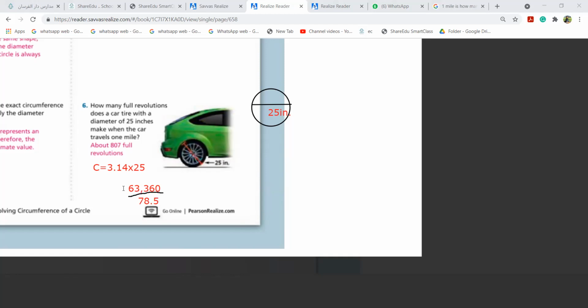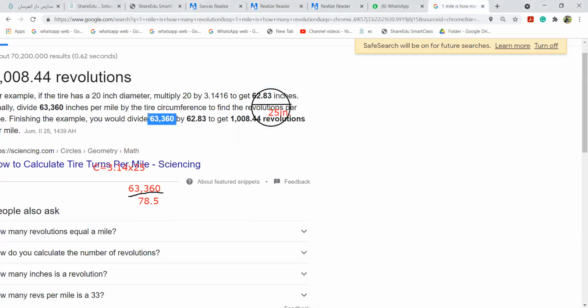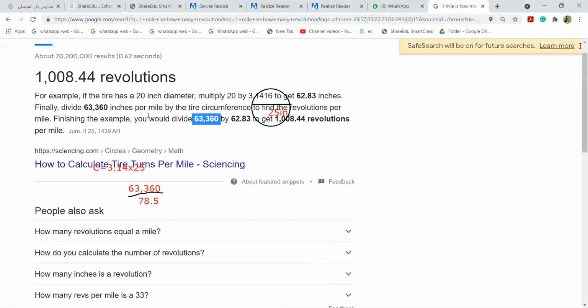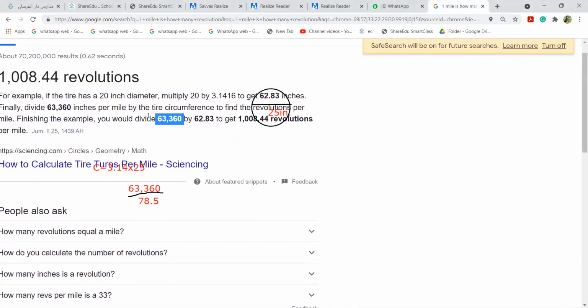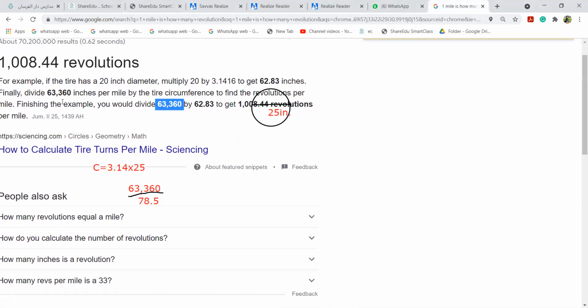Girls, this is the standard thing. It's given here that 1 mile is 63,360 inches per mile.